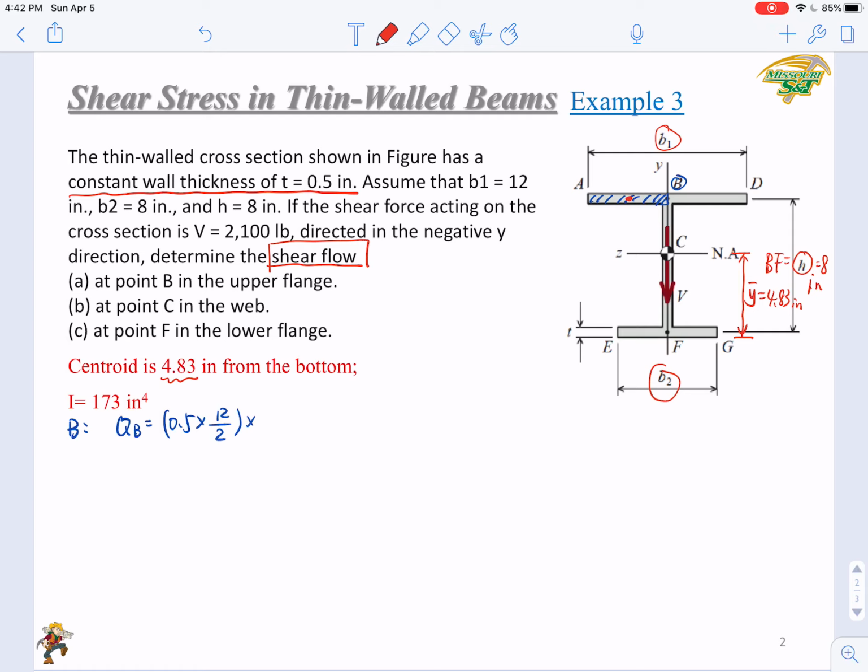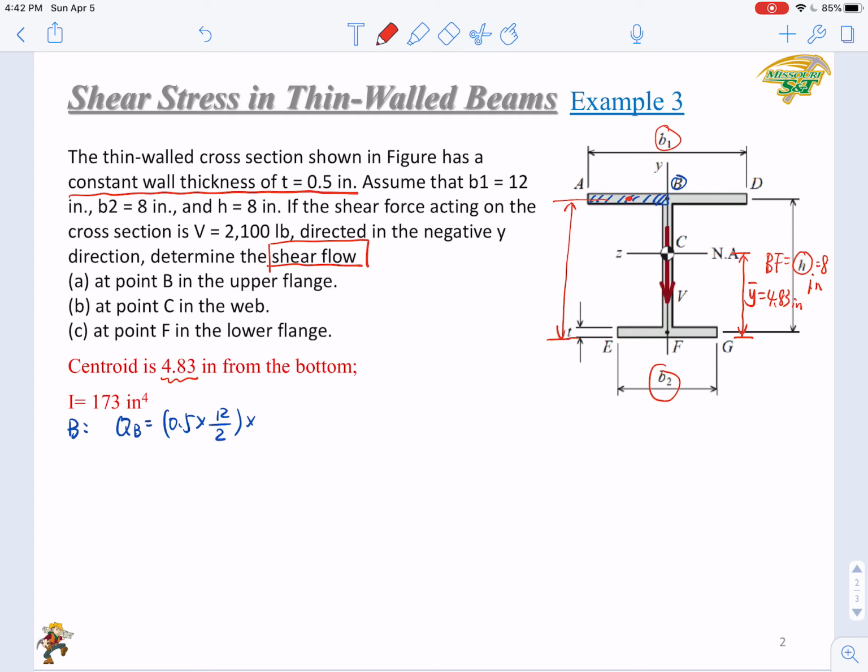What is the distance from the centroid to the bottom? If we know this value, we subtract the y bar from it, and we get d.